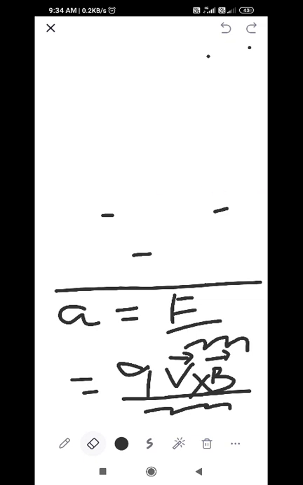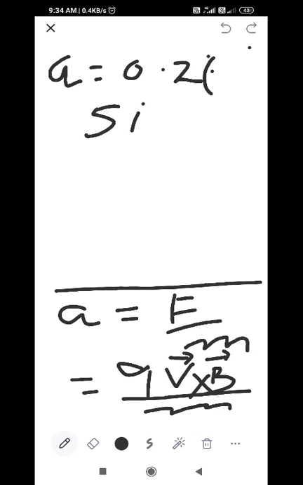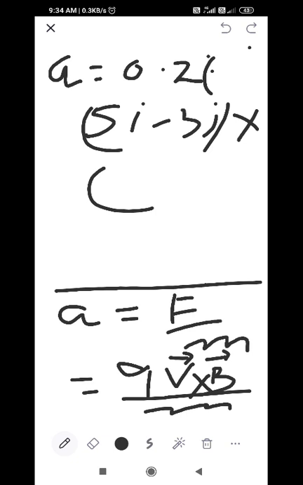So we will get A is equal to Q by m is 0.2 into velocity, that is 5 I cap minus 3 J cap, cross into B. B is 2 I plus 3 J.